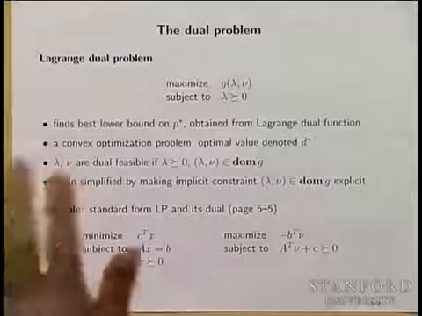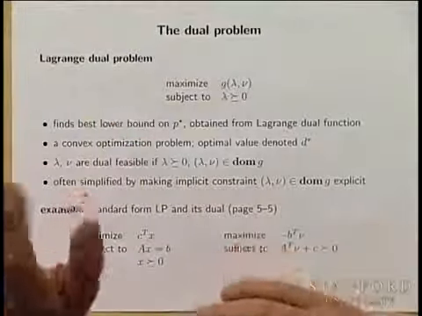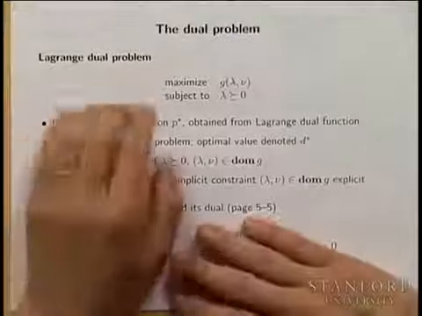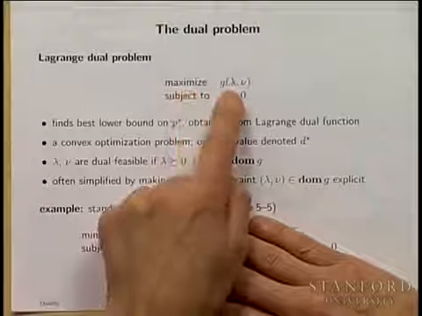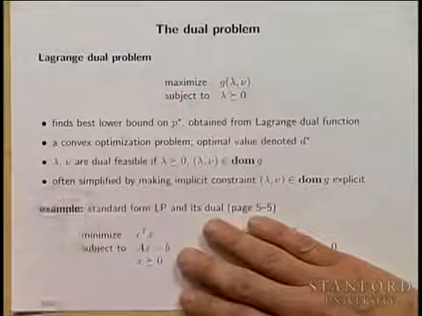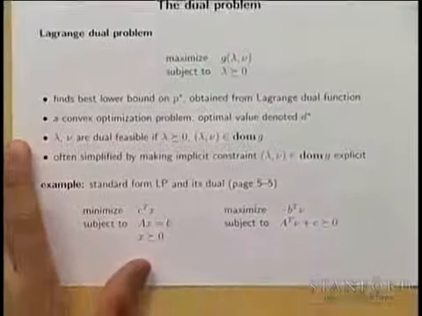We're actually going to see multiple duals, the way the word is used on the street. There are lots of duals, but we'll get it. For now, it really is the Lagrange dual problem. And it says simply maximize the dual function subject to this, period. Just subject to the lambdas being positive, that's all.